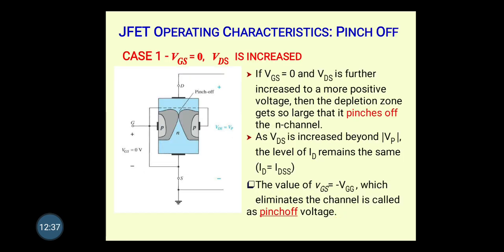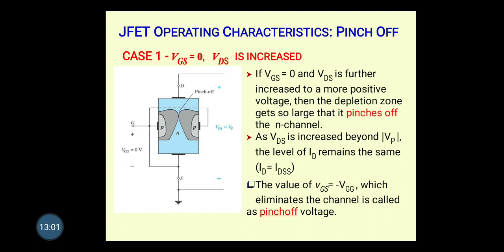Now the condition when VGS is still 0, and you again go on increasing VDS, that is VDD. If you again increase the drain side power supply, you can see the depletion layer is increased so much that it touches at one point.